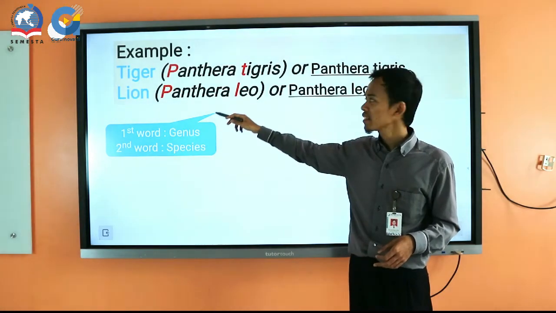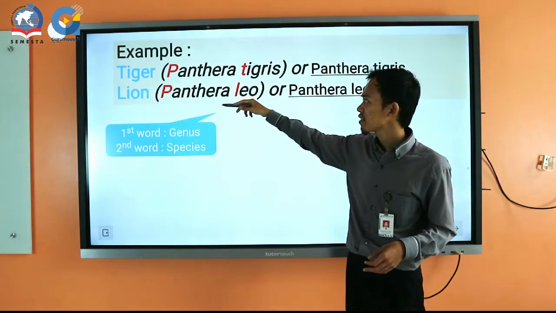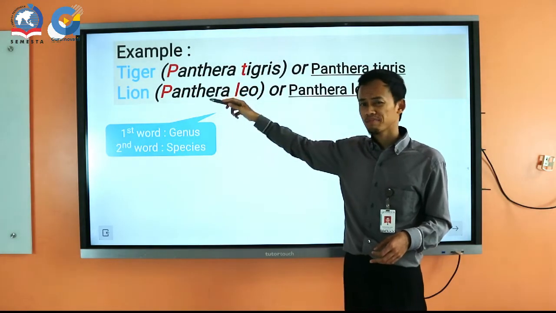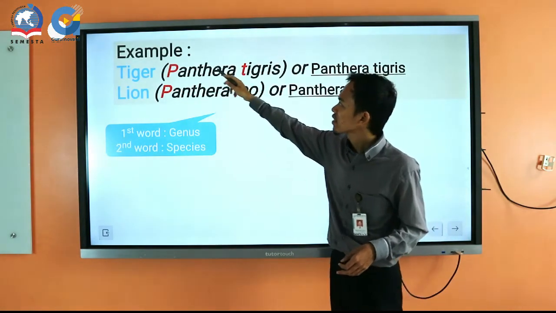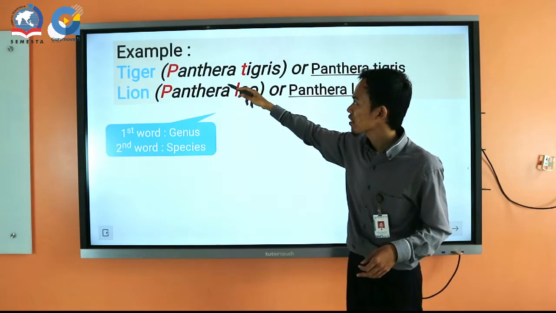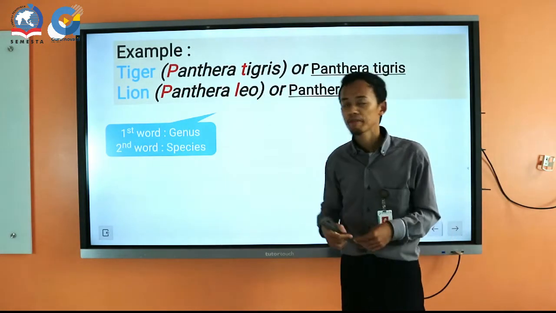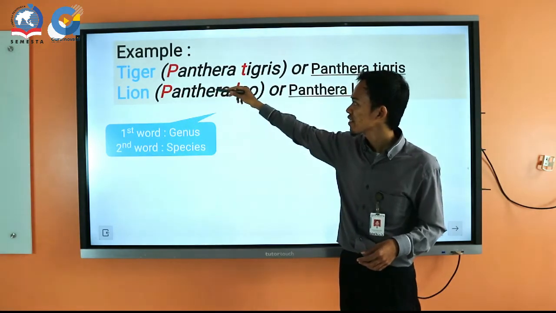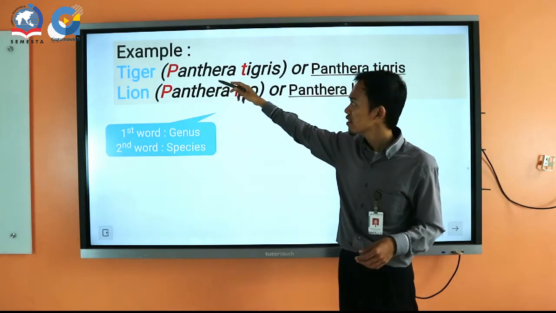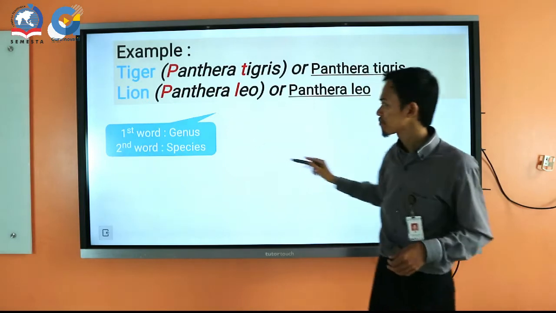So you can determine whether species have similar or slightly different characteristics based on the genus or the species name here. Tiger and lion have similar characteristics because they are in the same genus.